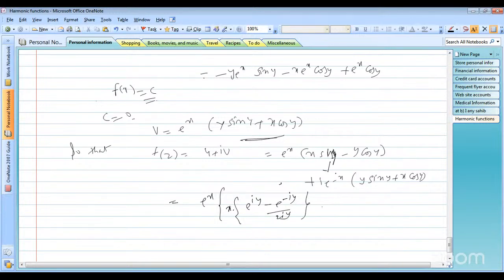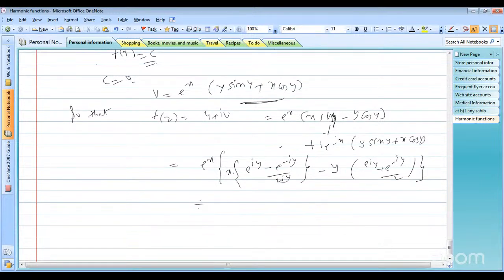Hyperbolic function like (e^(iy) plus e^(-iy))/2 we are taking here. I into e^x, (e^(iy) minus e^(-iy))/2i plus x into (e^(iy) plus e^(-iy))/2.